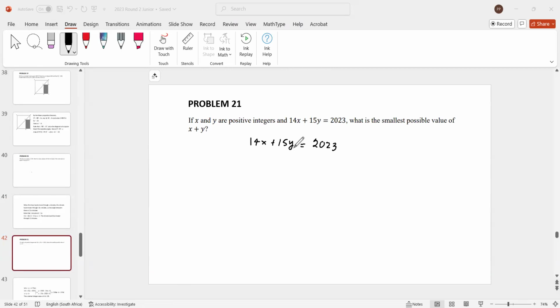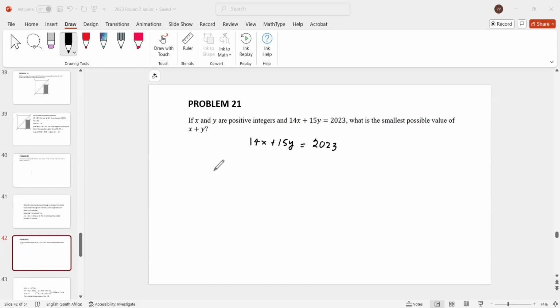And then you can see whether you can get x and y to be integers. So I can't put x equal to 1, because then you will have 15y is 2009, and y can't be an integer. 15 times an integer can't be 2009. So the x's have got only certain solutions and y have got certain solutions. We don't know what they are, but they ask for the smallest possible value of x plus y.